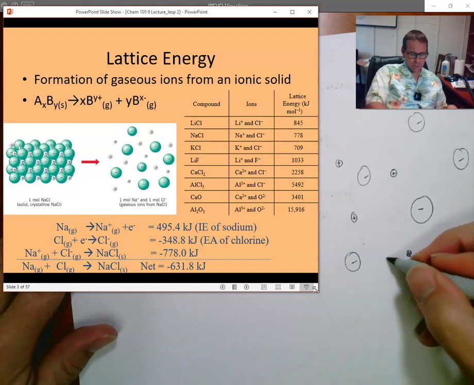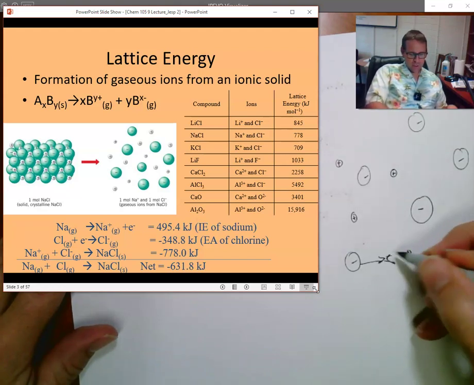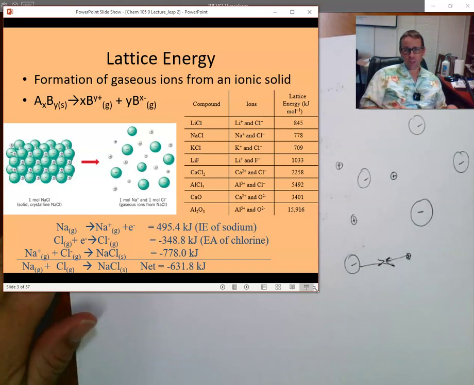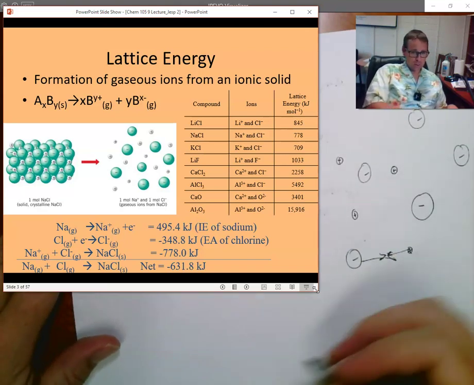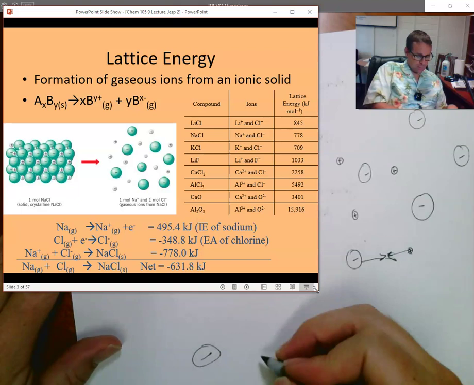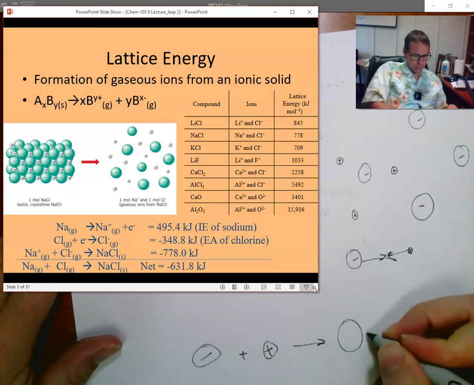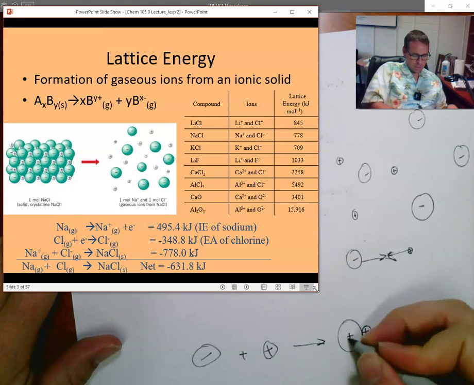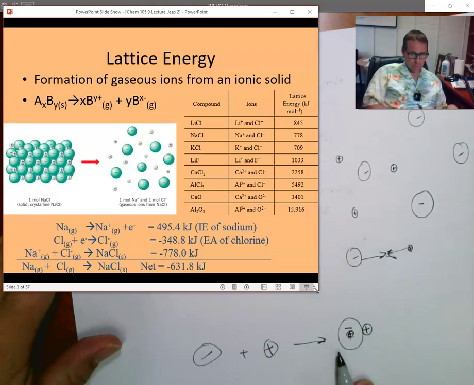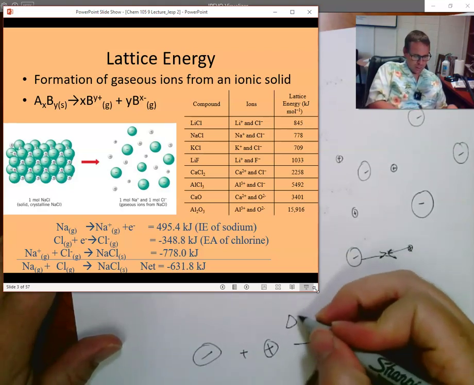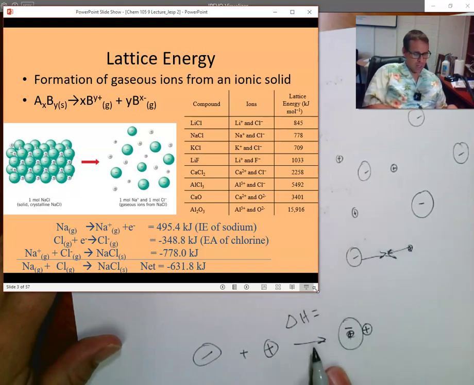Well, as soon as they attract and find each other, they form a relatively strong bond. And again, this process of taking one thing and combining it with another to form a bonded couple, delta H, what do you think? Positive or negative, Precious? Is this process going to release energy or require energy?